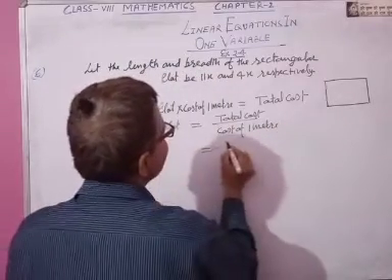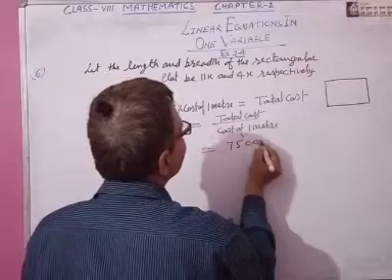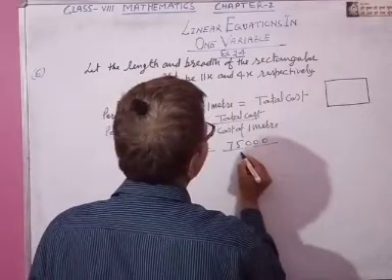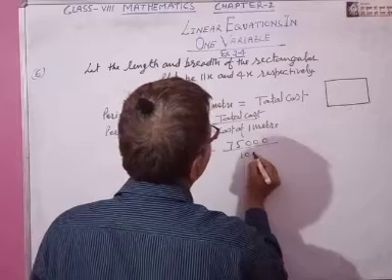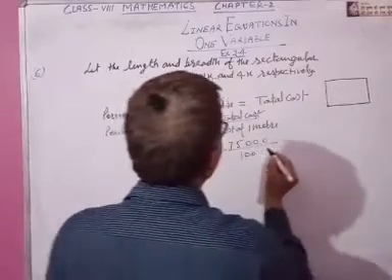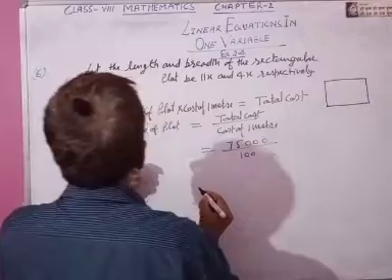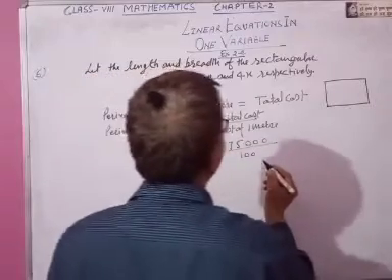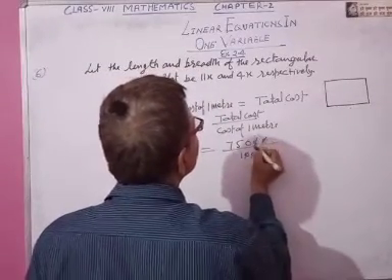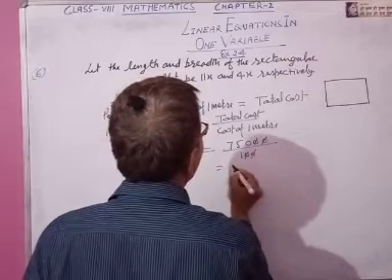Total cost is 75,000 and cost of 1 meter is rupees 100 per meter. That is, perimeter of the plot equal to 750.